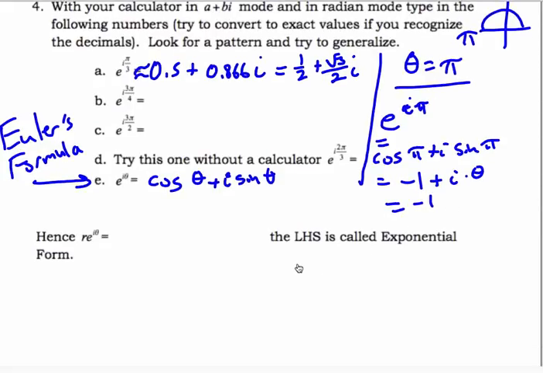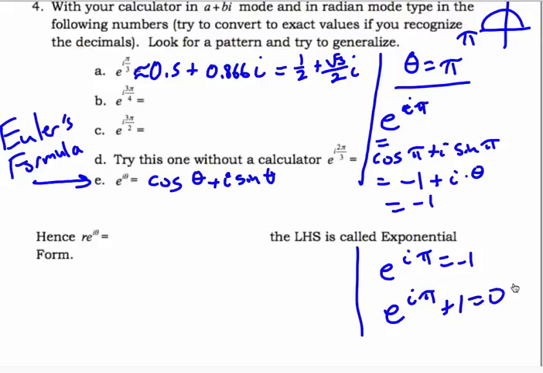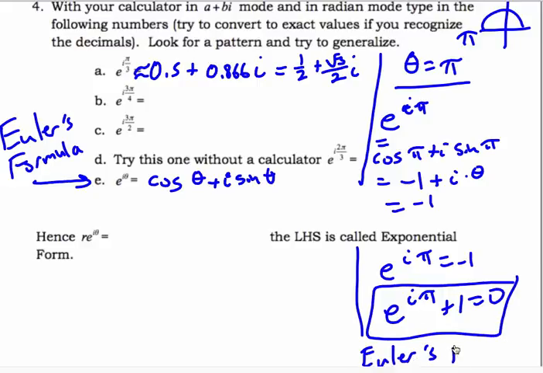And what you get is e to the power of i pi equals negative 1, or e to the power of i pi plus 1 equals 0. This is a very famous equation called Euler's identity. A lot of people really like this formula because there are 5 of the important mathematical constants, e, i, pi, 1, and 0, all in there.